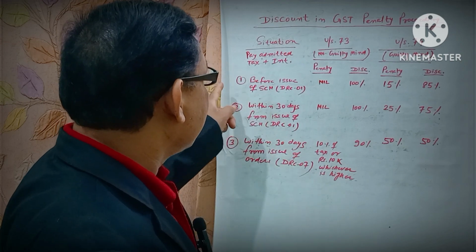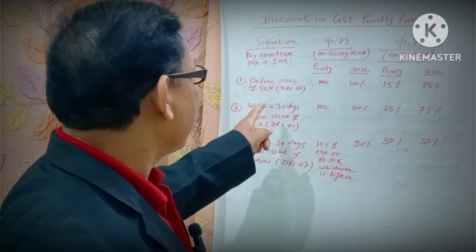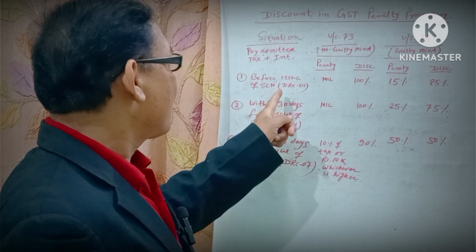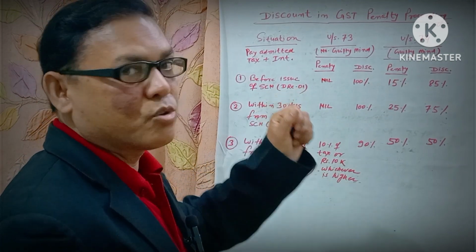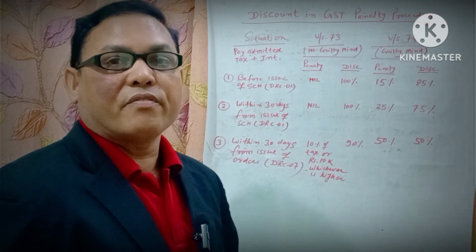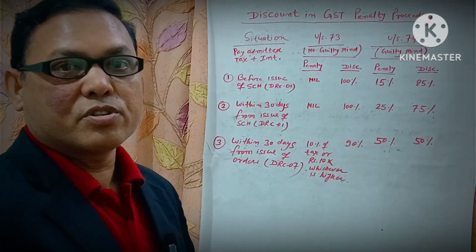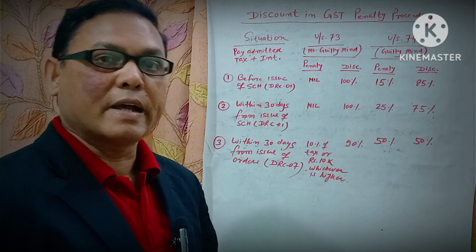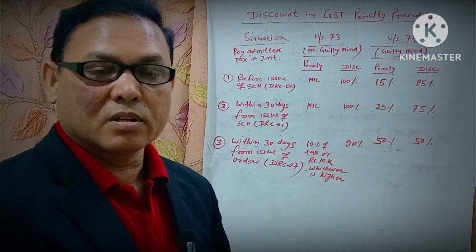So let us see the first situation, that is before issue of show cause notice, that is DRC 01. DRC 01 is a form in GST in which show cause notice is issued electronically to the taxpayers.